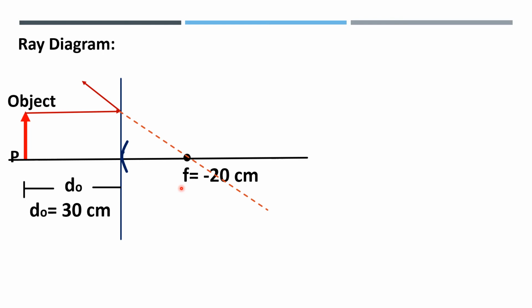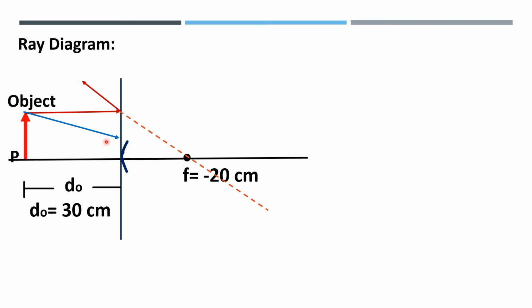again we have to have another incident ray. From the tip of the arrow, we have another ray. This time the ray is aiming at the focus.